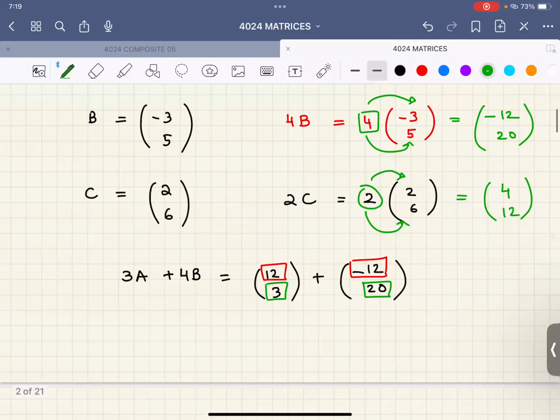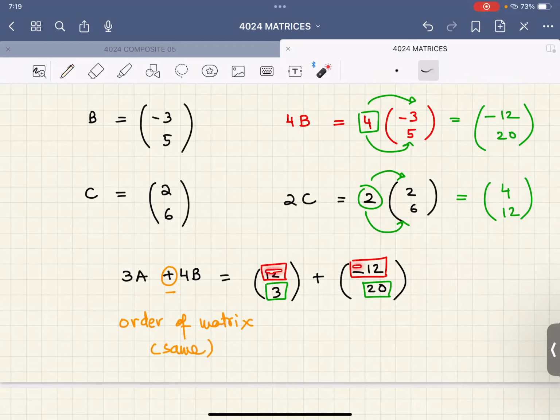So the first thing that I notice over here is that in order for addition, or for that matter, subtraction to take place, the order of matrix should be the same. If it's not the same, how can I add the corresponding terms? So when I add it up, what do I get? 12 and negative 12 adds up to 0. 3 and 20 adds up to 23. This is what I get.